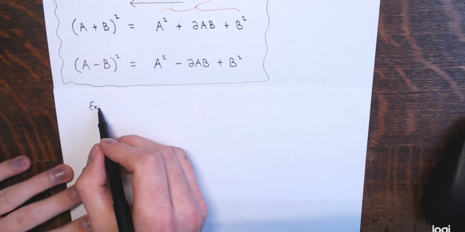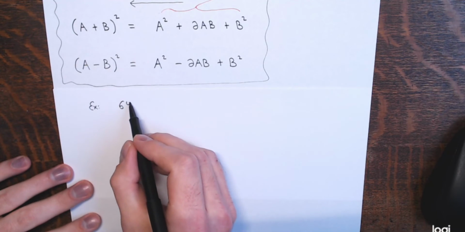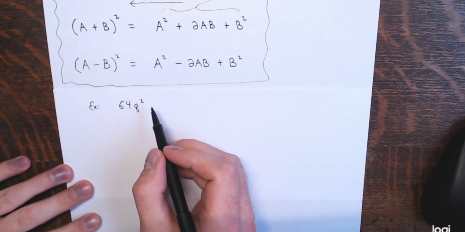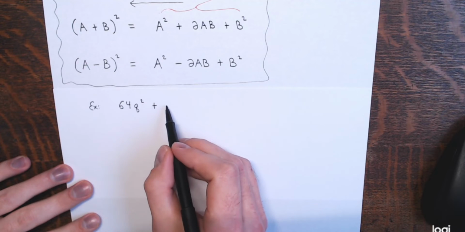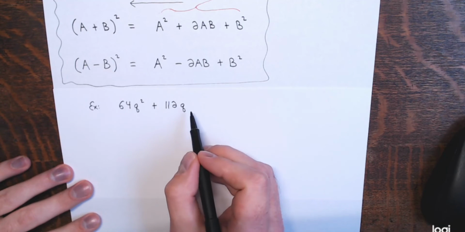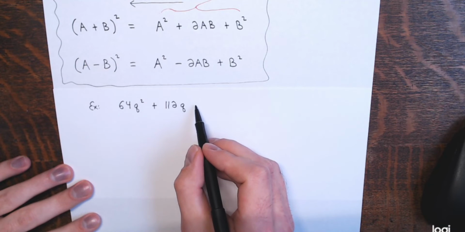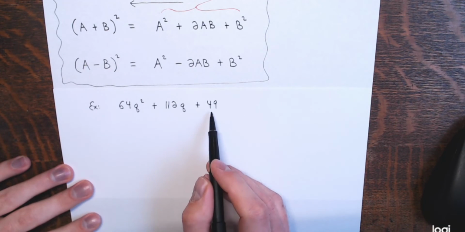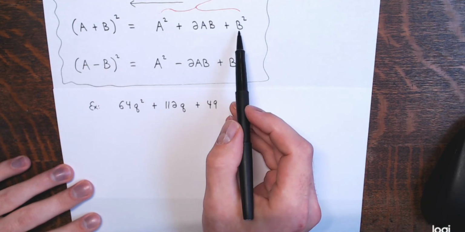We have 64q squared plus 112 times q, and then plus 49. This is actually that first form we'll see. But we have to see it though, right?